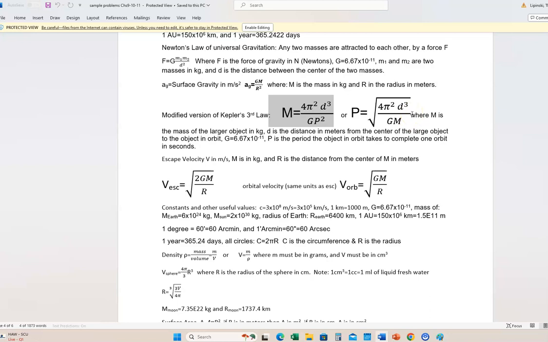All right, so we're going to use this form of it, which is going to be on your equation sheet, just to let everybody know.